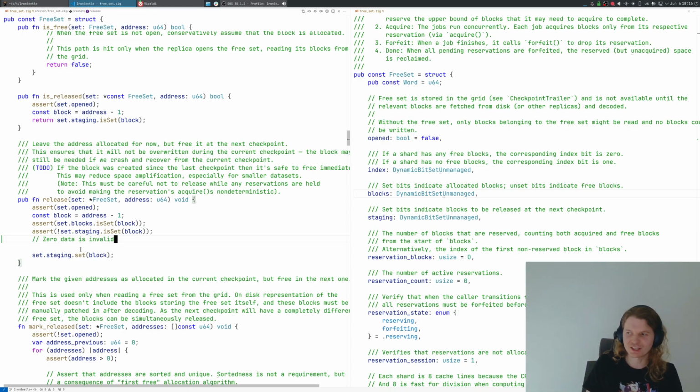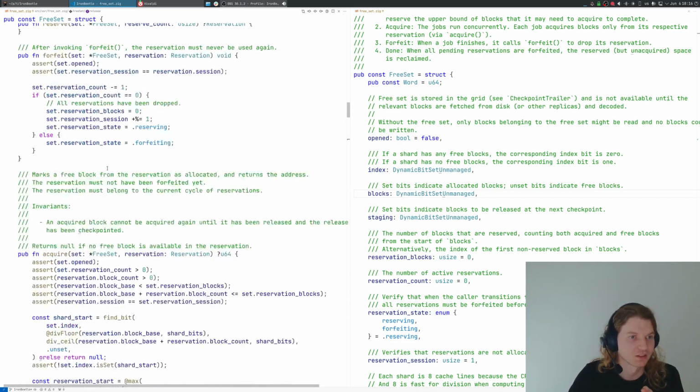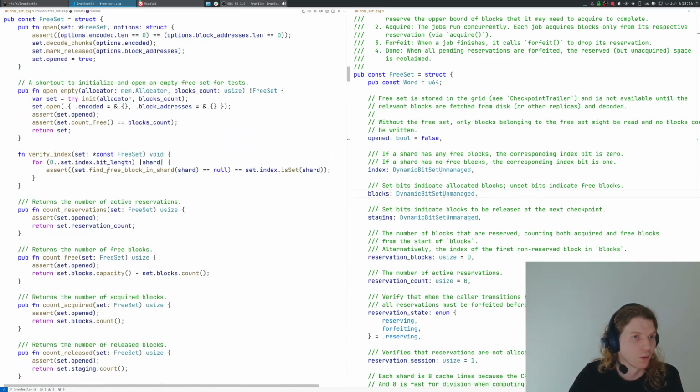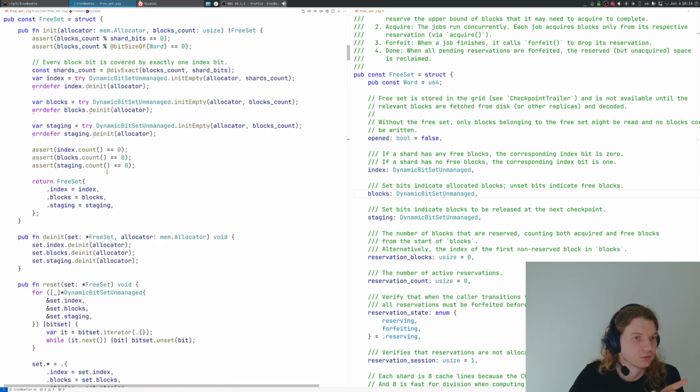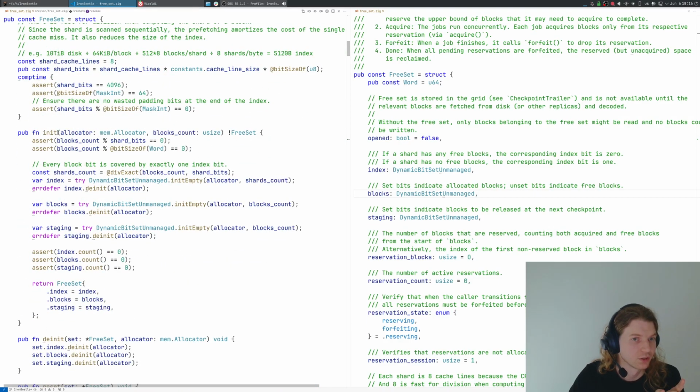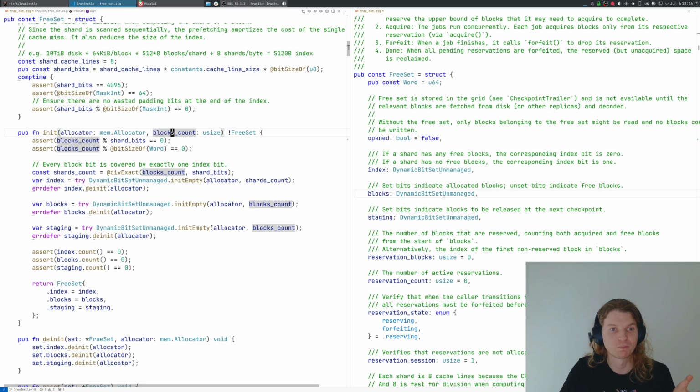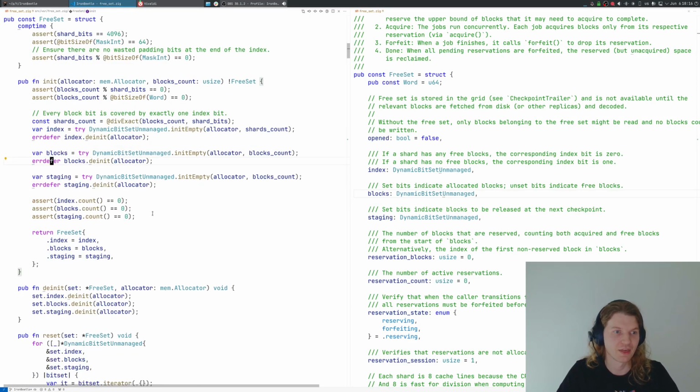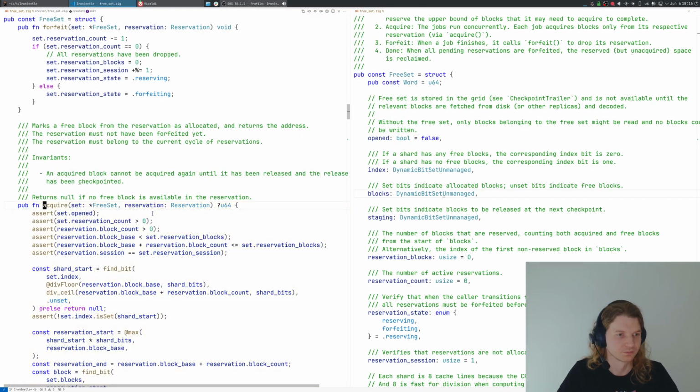So yeah, that's actually an excellent question. The bit set is statically allocated. When you initialize the bit set, you pass in the maximum number of blocks this FreeSet could store, and then you allocate this amount of memory.